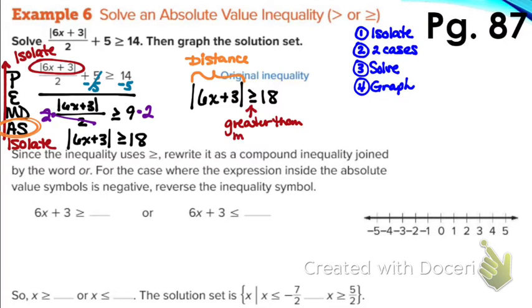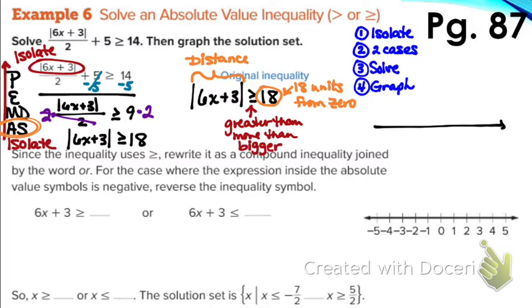More than. Bigger. The distance is bigger than what? 18. 18 units from 0. The distance is greater than, more than, bigger than 18 units from 0.